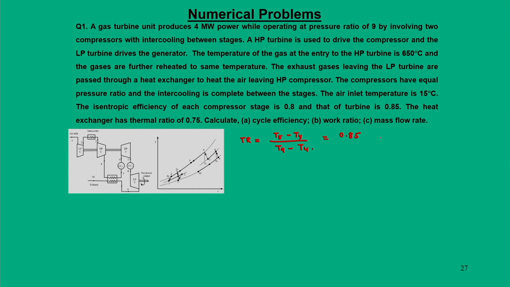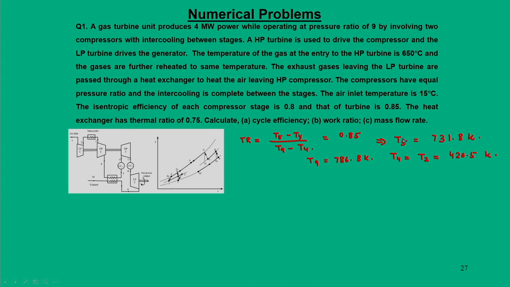Our objective in this calculation is to calculate T5. This will give you T5 as 731.8 Kelvin, because we know T9 is 786.8 Kelvin, T4 is equal to T2, that is 420.5 Kelvin.